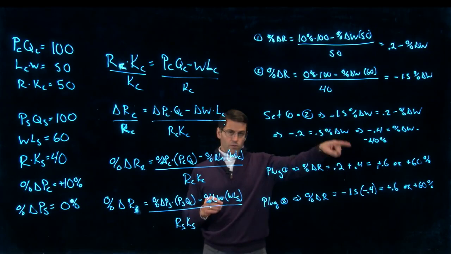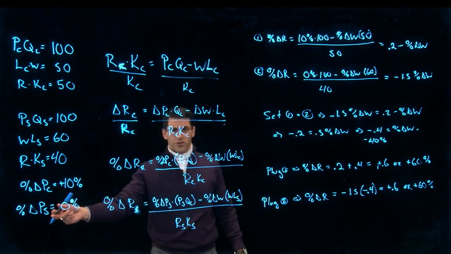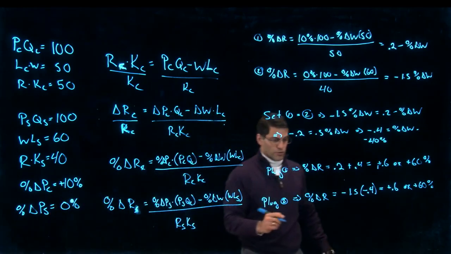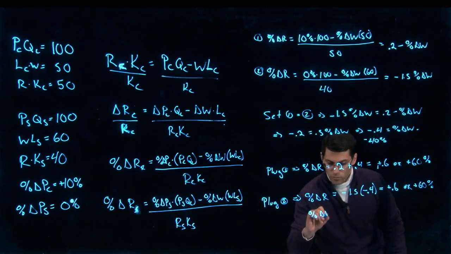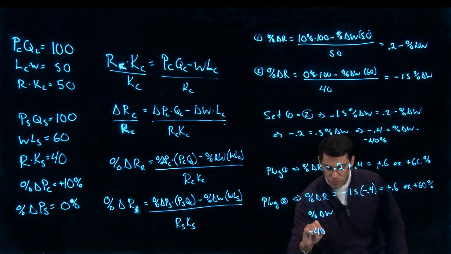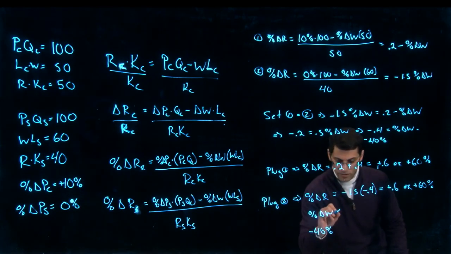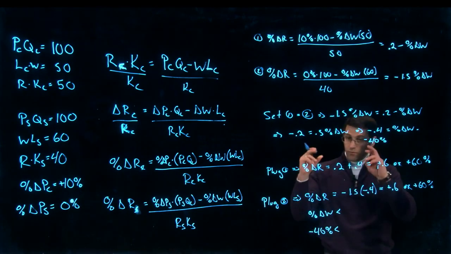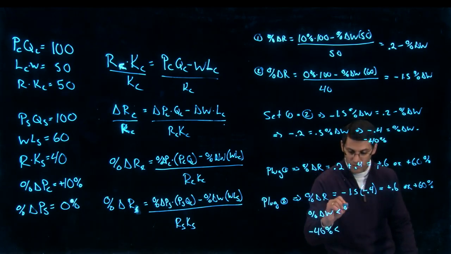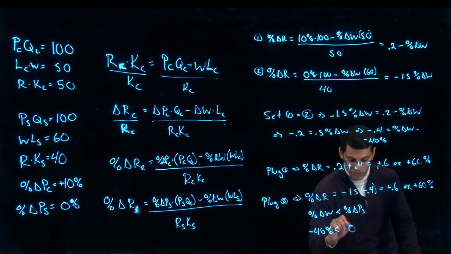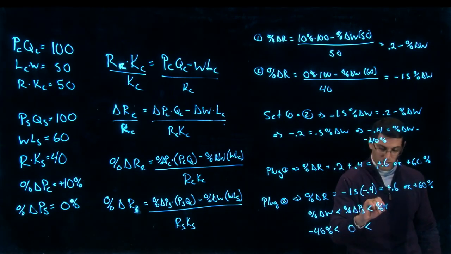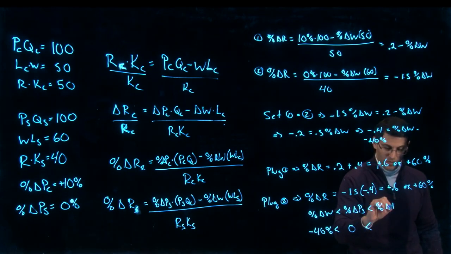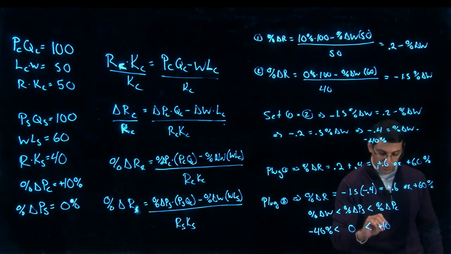Let's compare those changes to the changes in our prices. Okay? So when you look at this, the percent change in the wage rate, which was minus 40%, is less than the percentage change in the price of shoes, which was 0, which is less than the change in the price of computers, which was plus 10%.